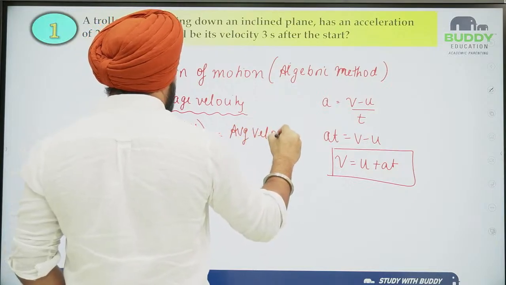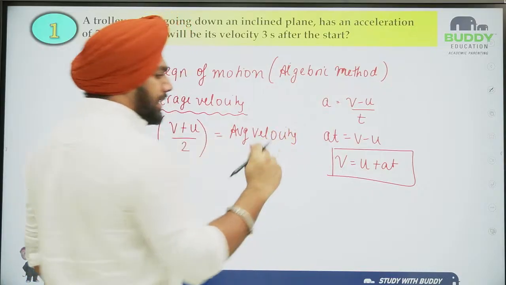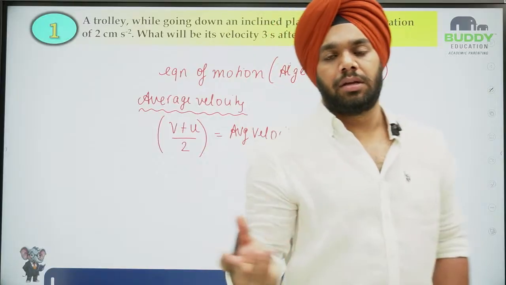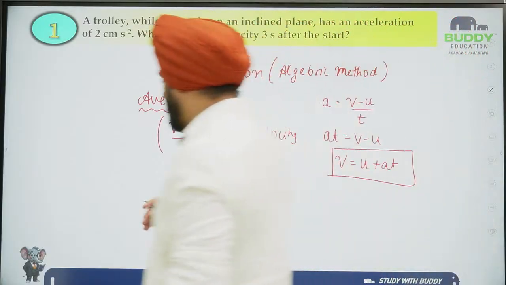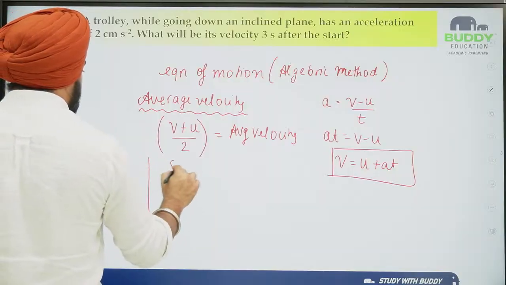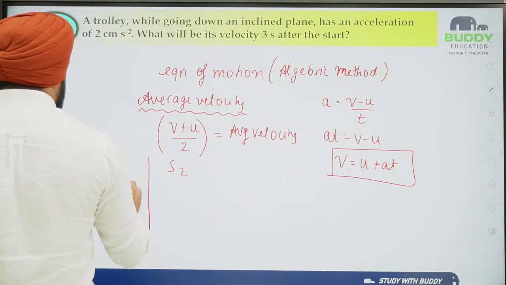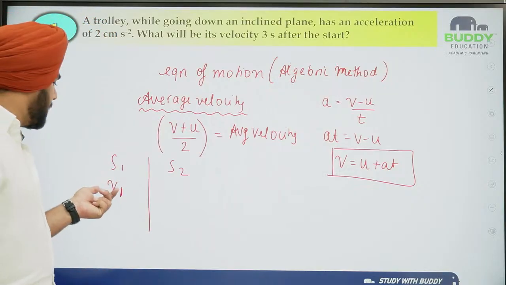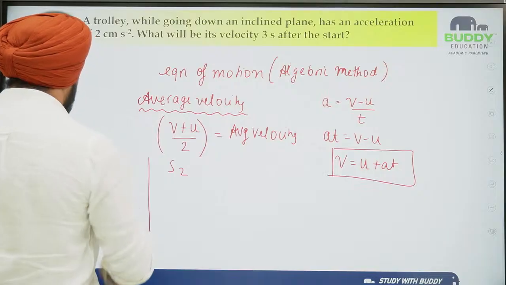This formula is not valid for a random case, but for a particular case where the time interval is the same. Suppose we have two displacements S1 and S2. In this the object covered S1 displacement with V1 velocity, but time was t only.